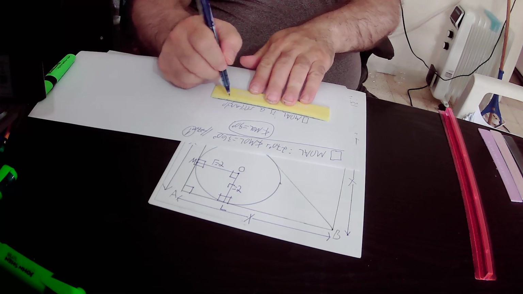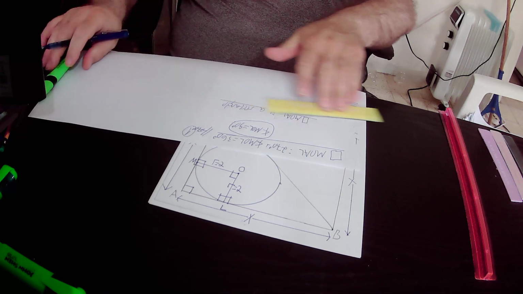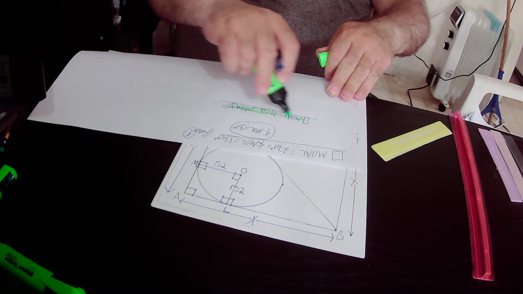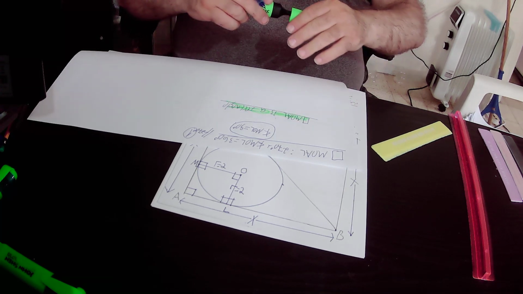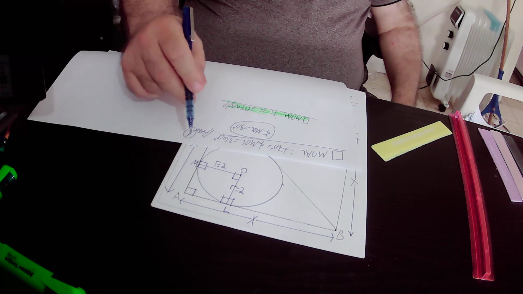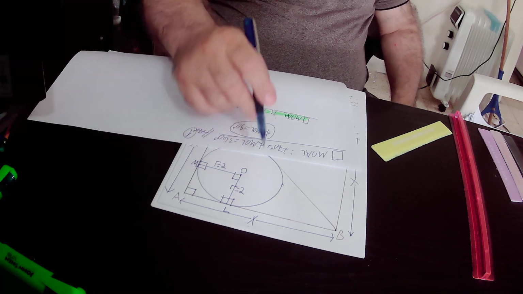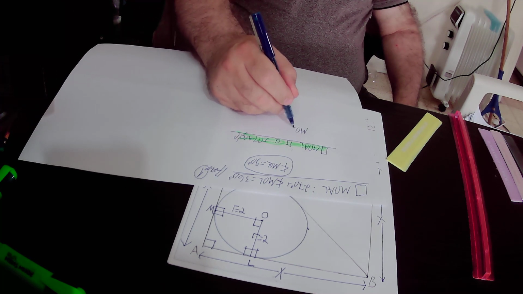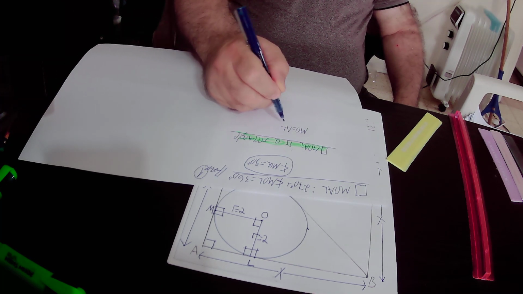And we know that the opposite sides of a rectangle are equal to each other. That is to say, the opposite sides of rectangle MOAL are equal to each other. That is to say, MO equals AL.